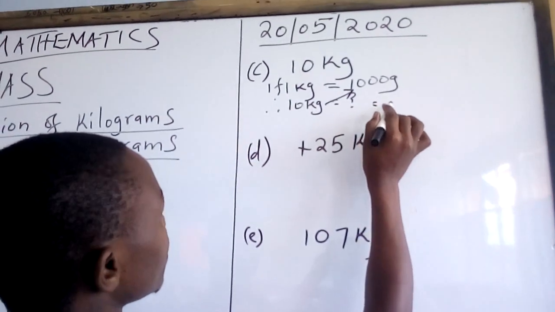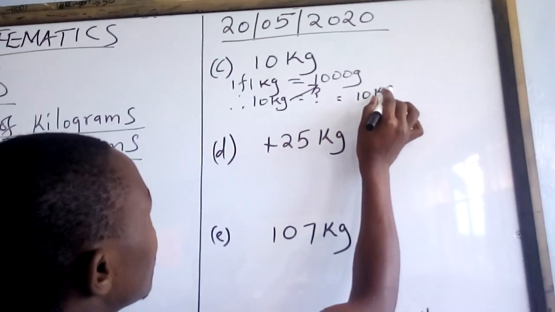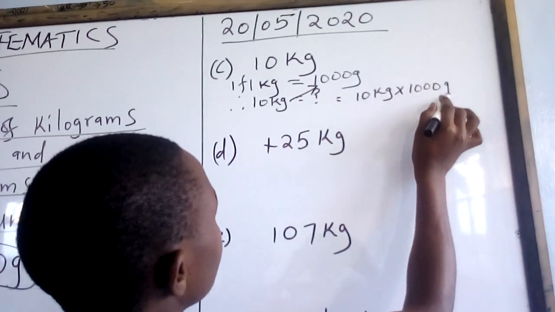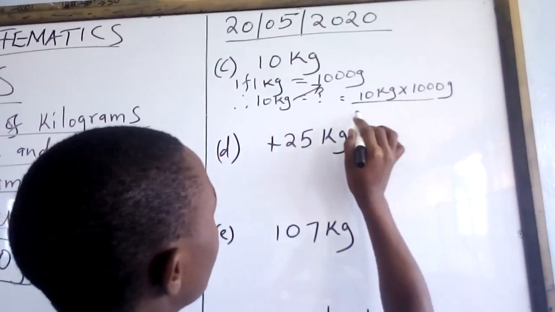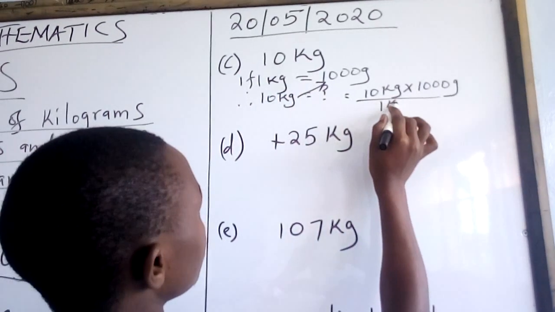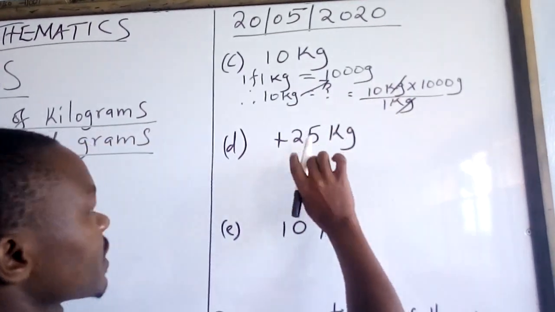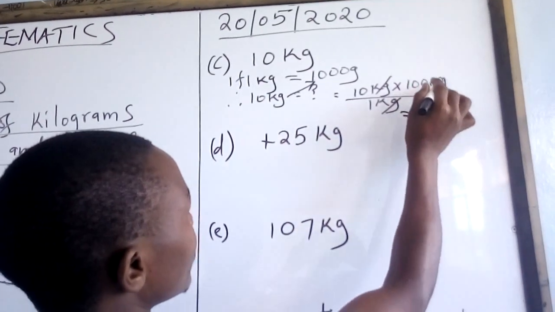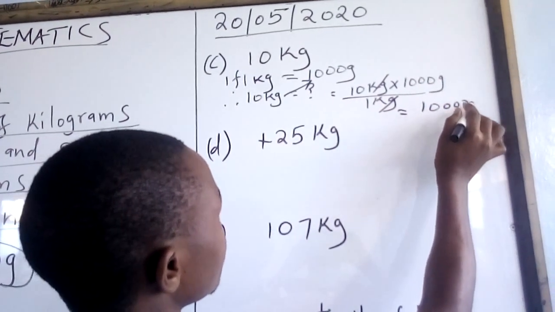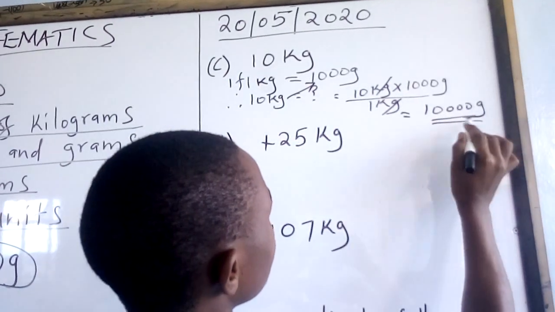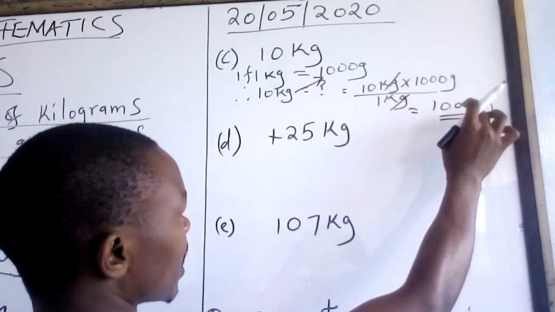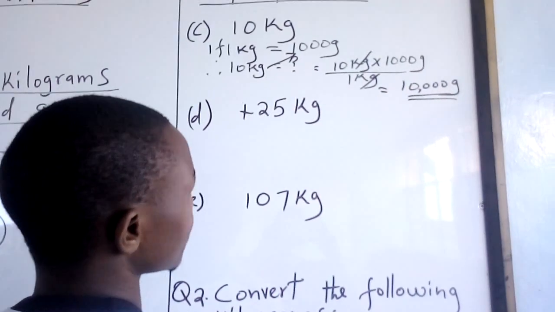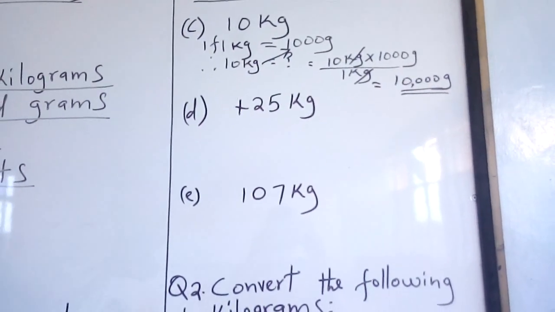So this is going to be 10 kilogram multiplied by 1000 gram all over 1 kilogram. Kilogram will cancel. Then you have 10 multiplied by 1000, you have 3 zeros, 1, 2, 3. So that is 10,000 grams. You can put the comma after the three zeros. So that is 10,000 grams.